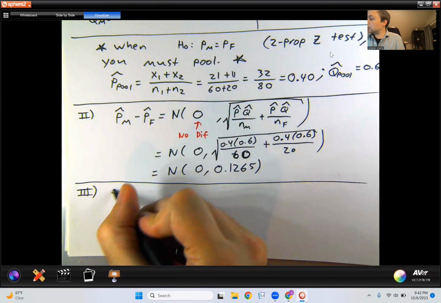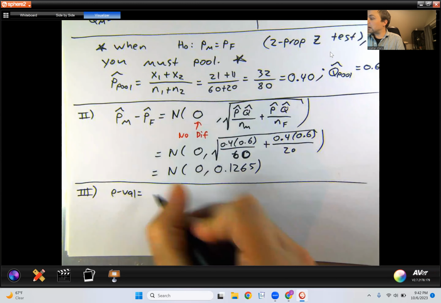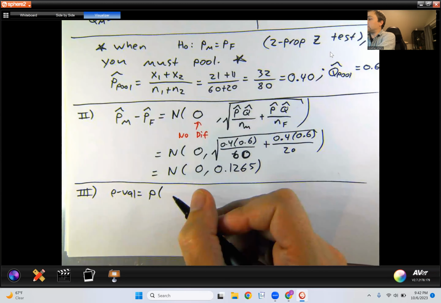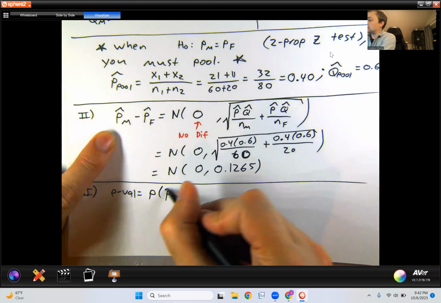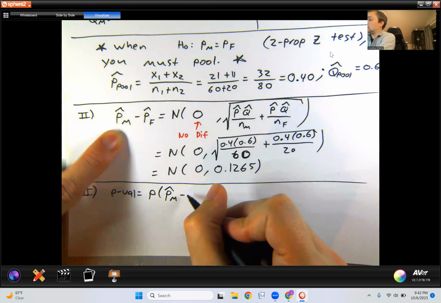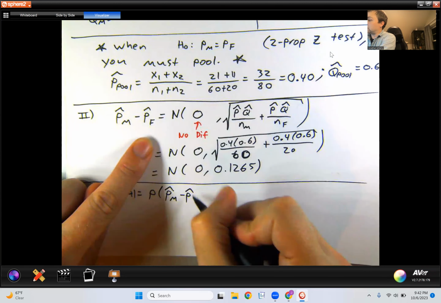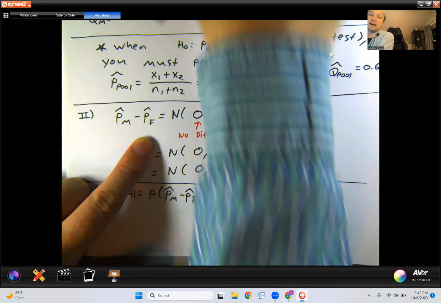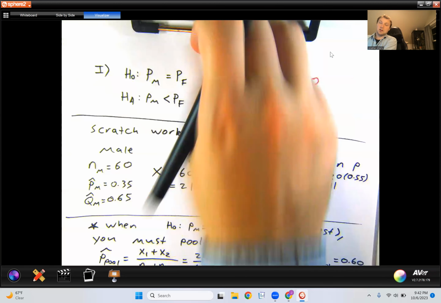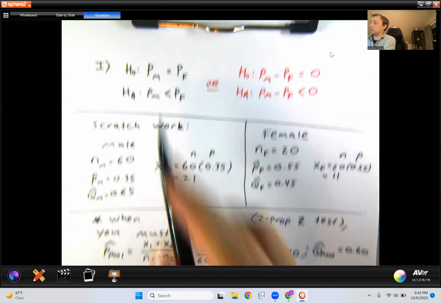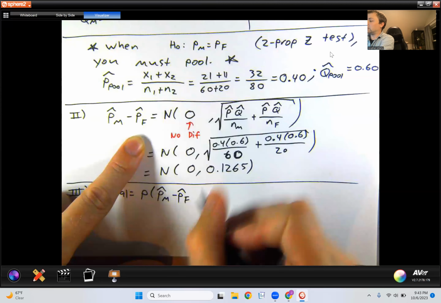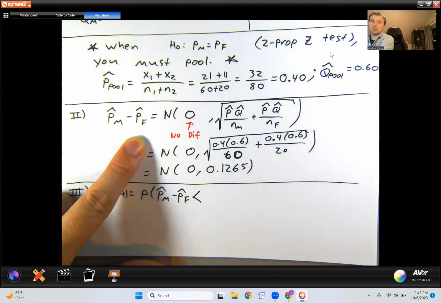The p-value is going to be the likelihood of my sample data. And this is telling me the order I'm going to be doing my sample data. It says take the rate for male, subtract the rate for female. Going back to my hypotheses, my alternative hypothesis is a less than symbol. So I'm matching that symbol here, less than.